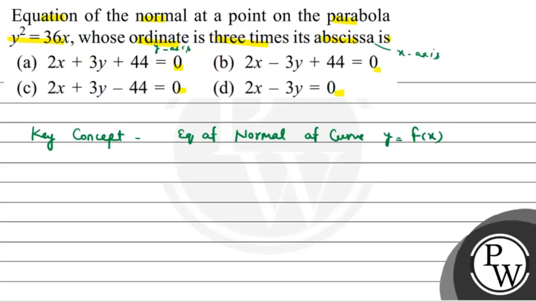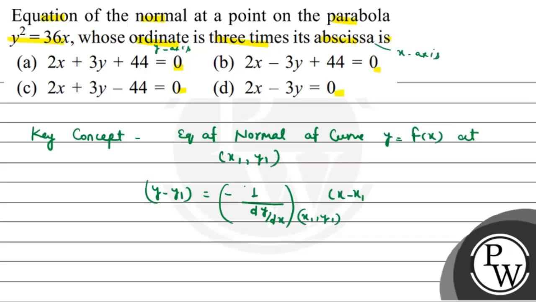Let's say this is any curve and at a point, let us say the point is (x1, y1). The equation of normal will be y minus y1 is equal to minus 1 upon dy by dx, at the point x1 comma y1, multiplied by x minus x1. That is the equation of normal at a point of any curve y is equal to f(x).